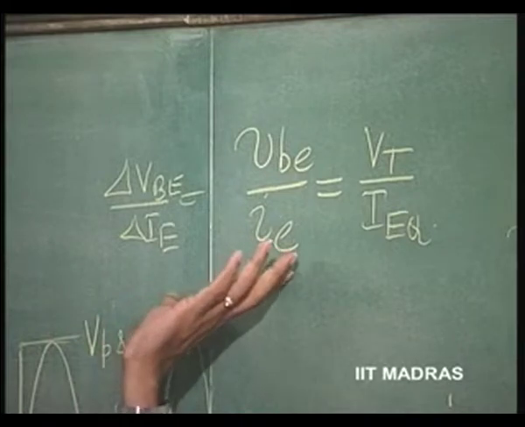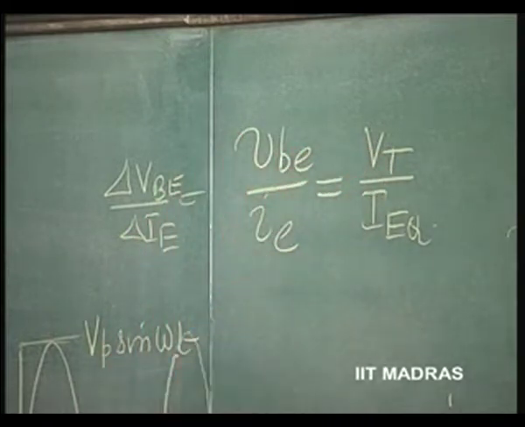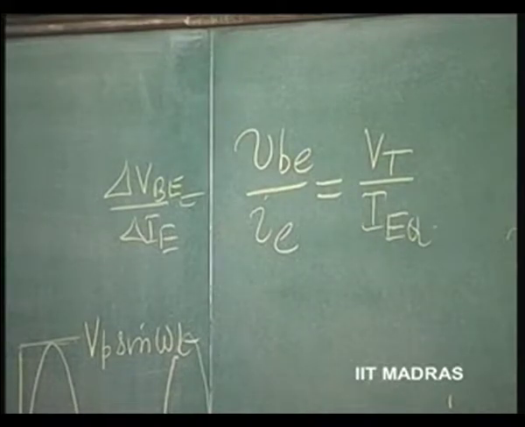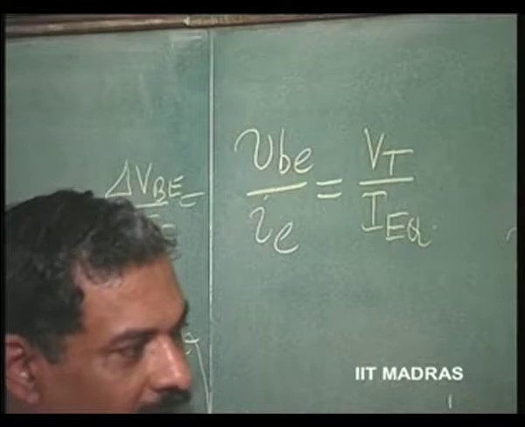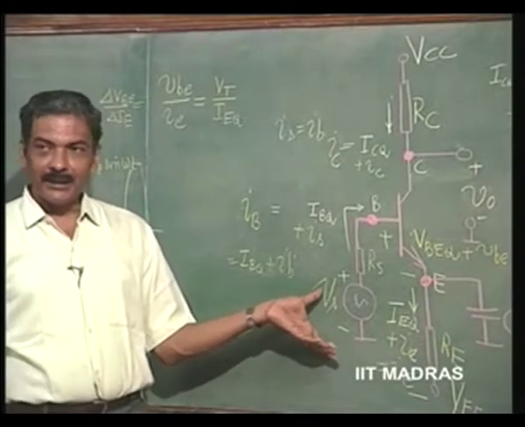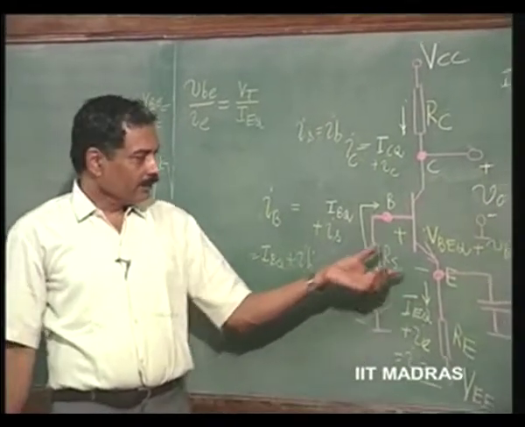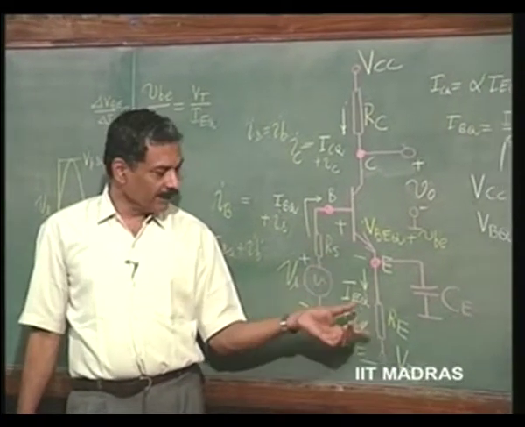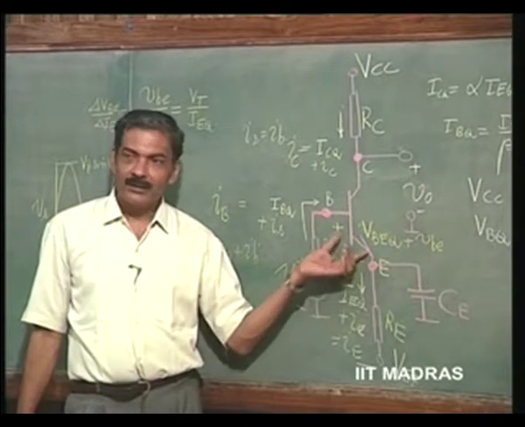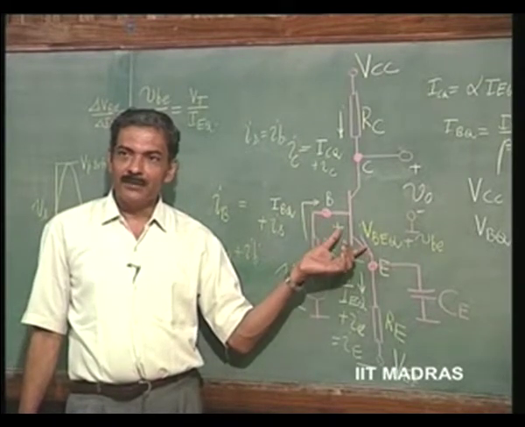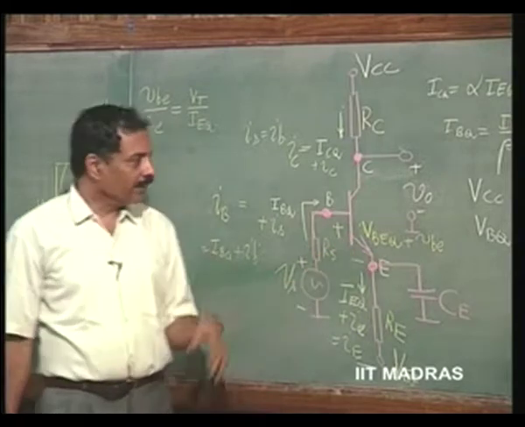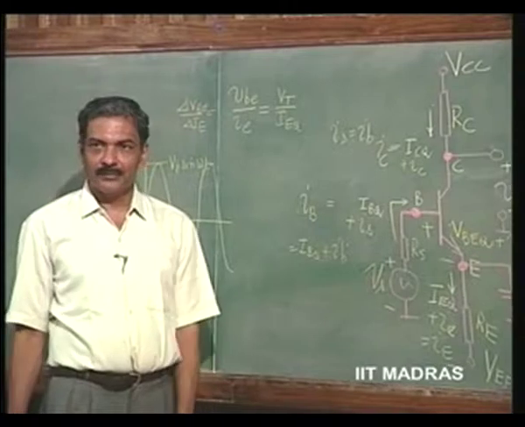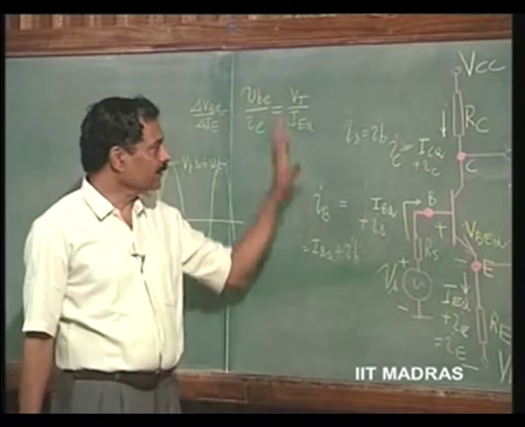This is the direct relationship, VT divided by IEQ, where VT is equal to 26 millivolts at room temperature. So for a change in voltage here, there will be some change in current in this structure, and if these changes are small, they are linearly related by this relationship.